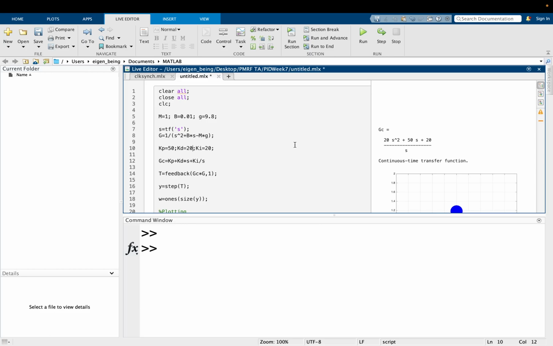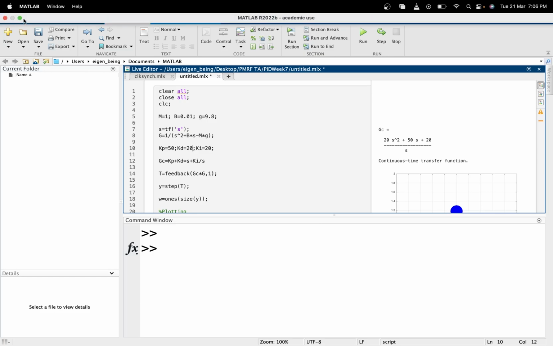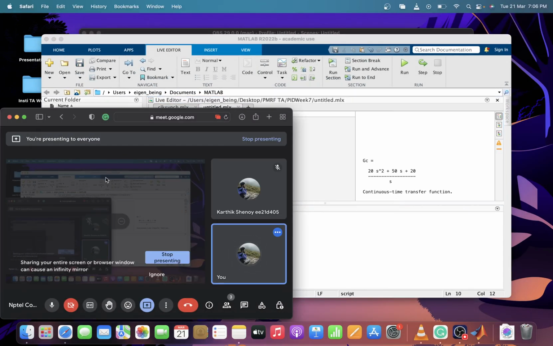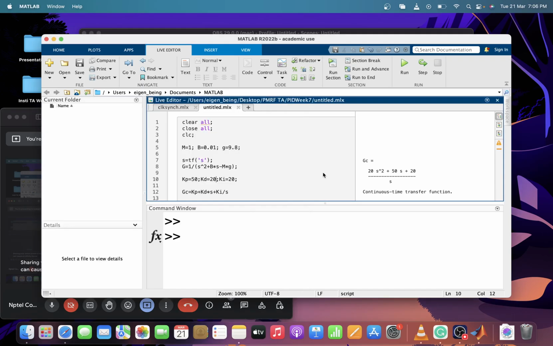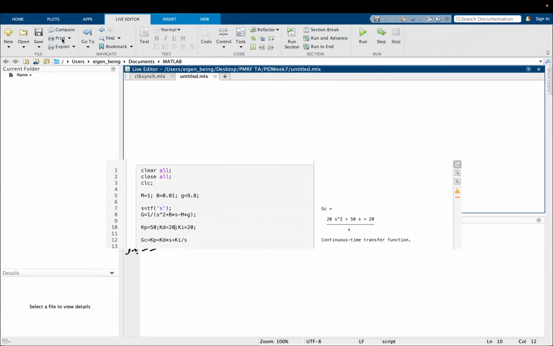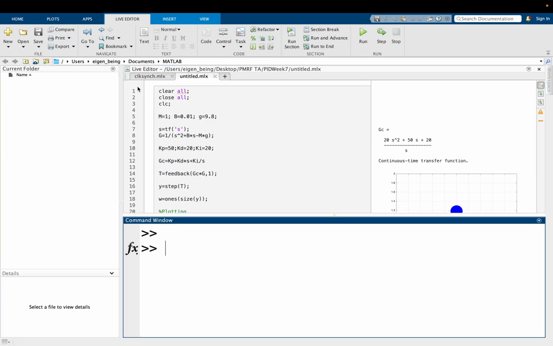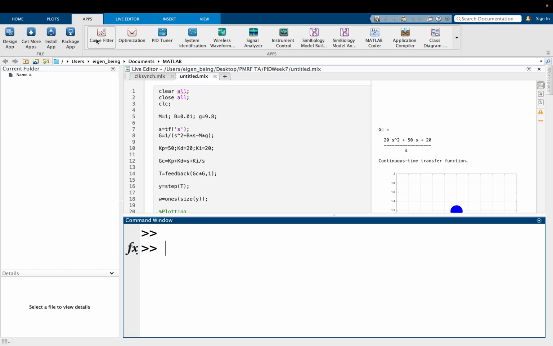Okay, so since now you got an idea of what to do in this, we'll next see how, one sec, there, logging in, it's logged in, okay. So what we'll do is, we look at these apps, the PID tuner app.